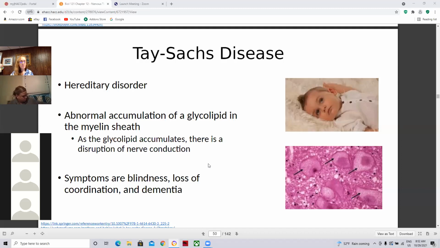The ultimate symptoms of this are blindness, loss of coordination, dementia, and death. I think it's usually within a year of diagnosis, or within a couple of years of diagnosis.